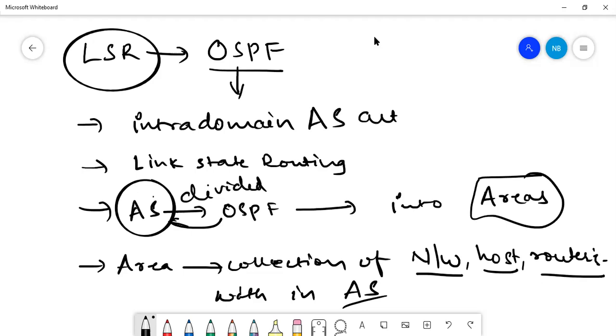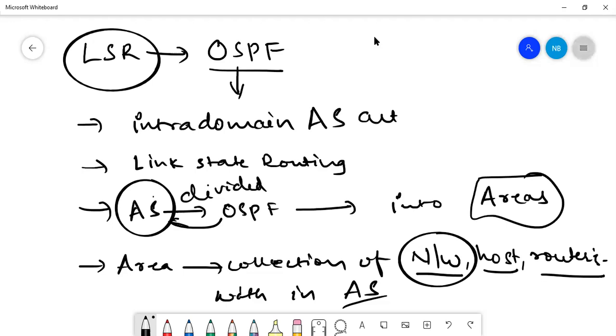And one more thing, in the autonomous systems which have been divided into areas, the networks which are part of a particular area are connected to each other. They must be connected.